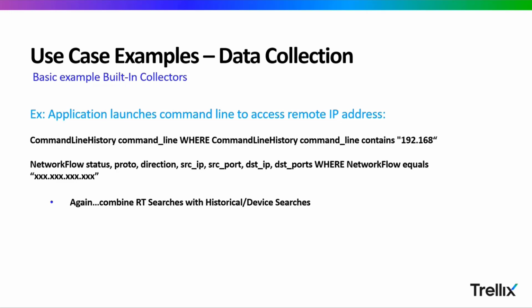But if you're looking to pull information historically that you've sent in the form of traces, so activities that you may have had occur on a system that will have the same types of read buffer information, then you can pull that information using our historical device searches. And that way, combining the two, you can get the full spectrum of what amount of time you could have possibly stored this since the client was installed.